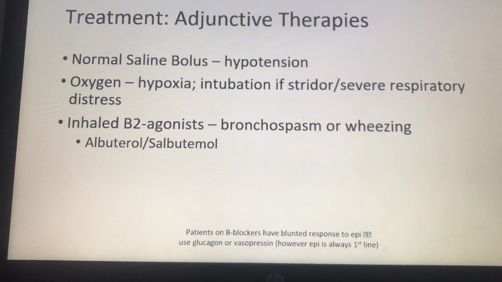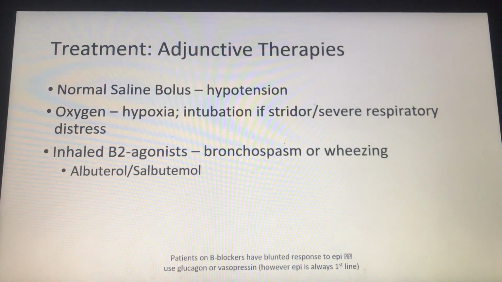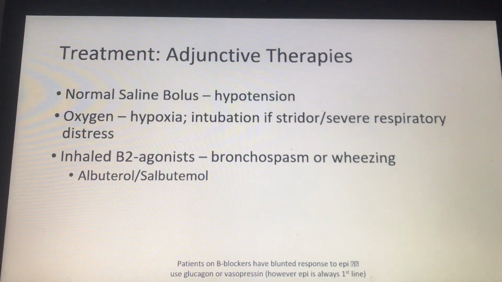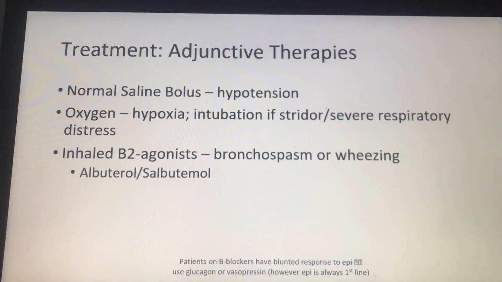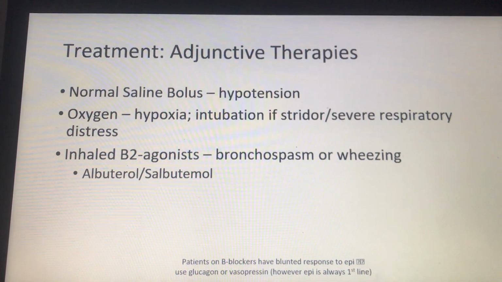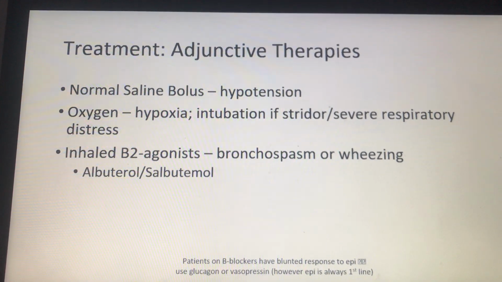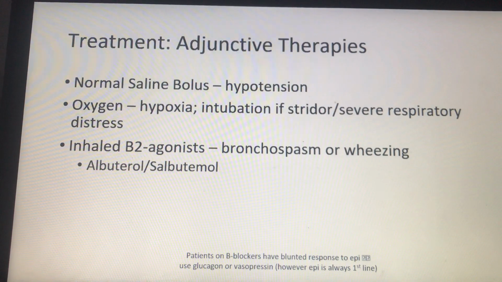Adjunctive therapy, as I said: if hypotension, you give a normal saline bolus, oxygen, intubation if severe airway edema, and if bronchospasm, you can nebulize with albuterol or salbutamol.